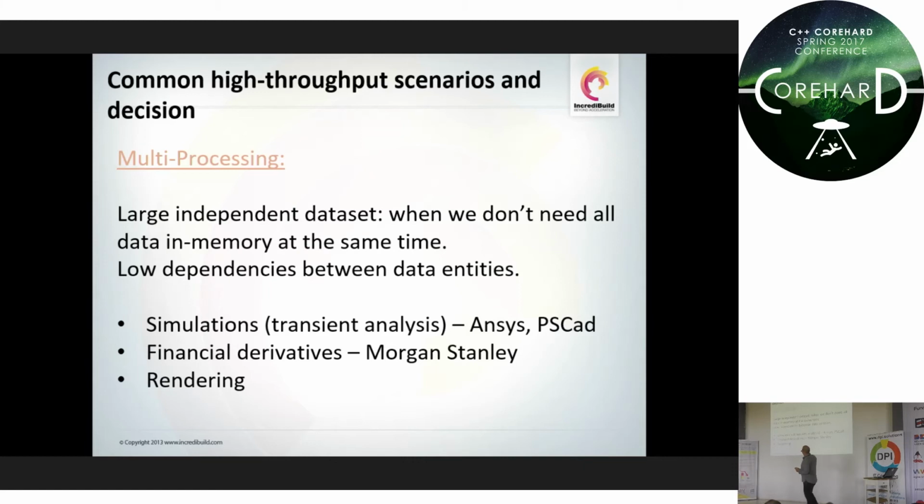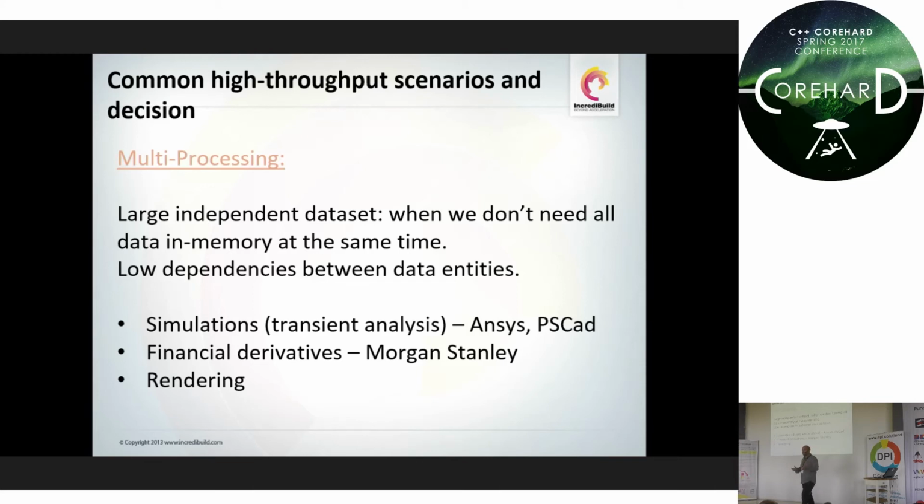So multiprocessing is usually used when you can divide the data set into smaller data sets. For example, rendering. When I want to render a 1.5 hour movie, it can take a day.